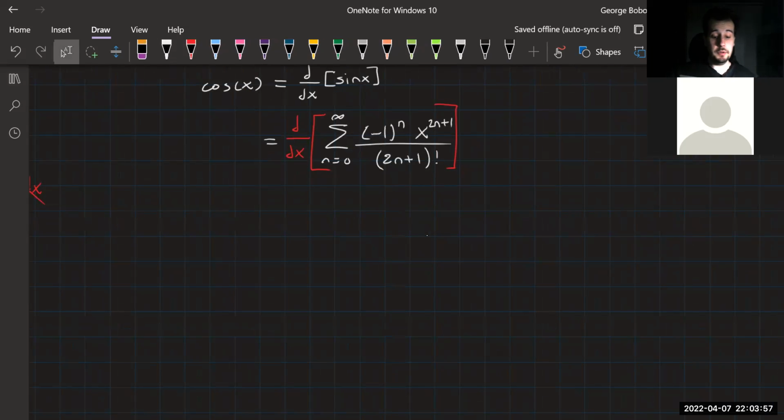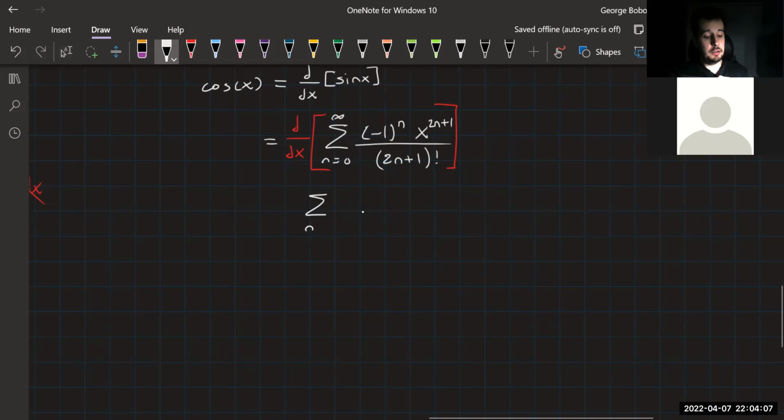So again, the derivative doesn't care about the n terms at all. It does not care. So it will hit only the terms that have x. You have here this staying unchanged. And then your derivative term will go and hit this guy. What's the derivative of this if you were to take it right now?